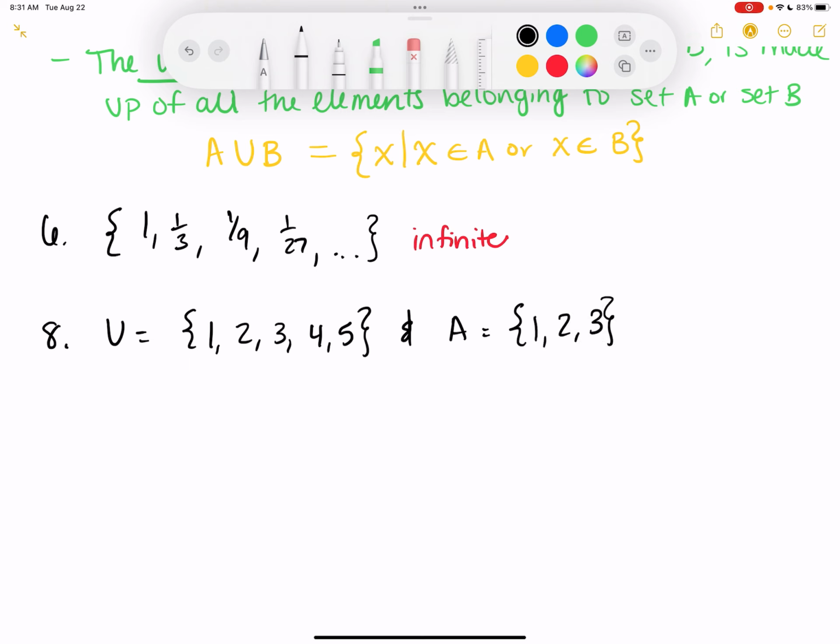It wants us to find the complement, that's the A with the apostrophe. Complement means everything that's not in A but is in the universal set. So what numbers are not in A but are in the universal set?